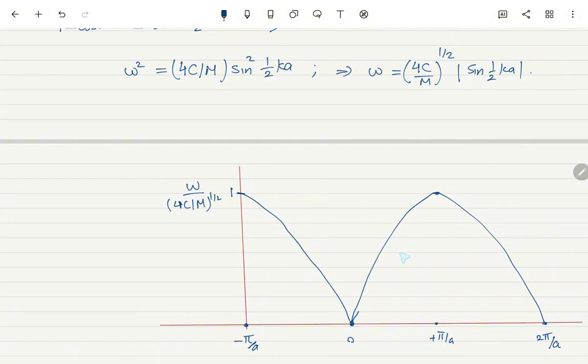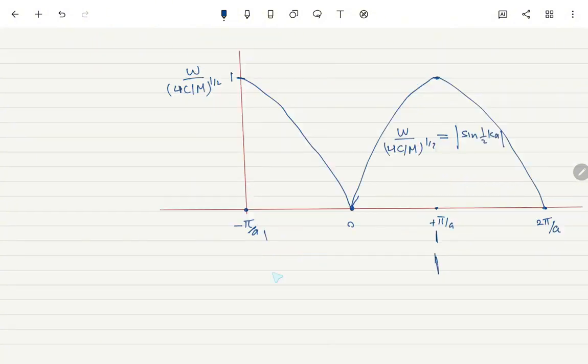So omega over 4c over m to the power half is actually equal to sine half Ka. And this is one right here. And remember, this is the first Brillouin zone, and this one here is K.